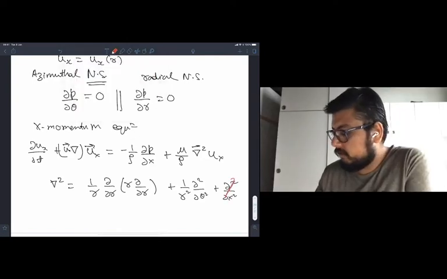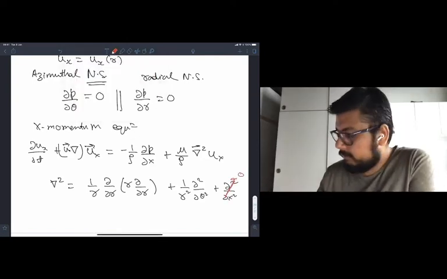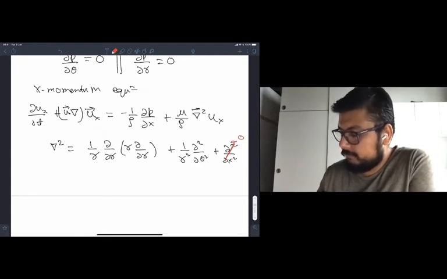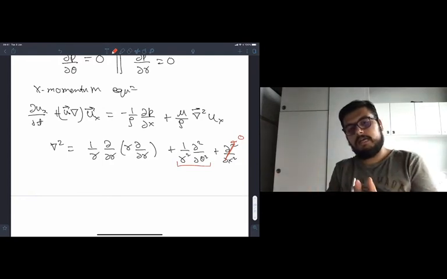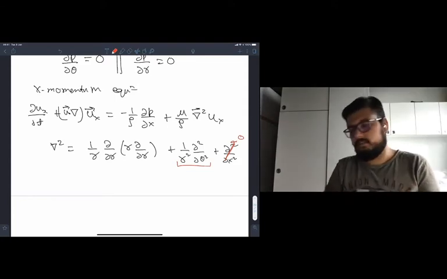Of course, this term is 0, and we can argue further that this term, so we also assume that there is no azimuthal variance, and we can also justify that physically by looking at the system.